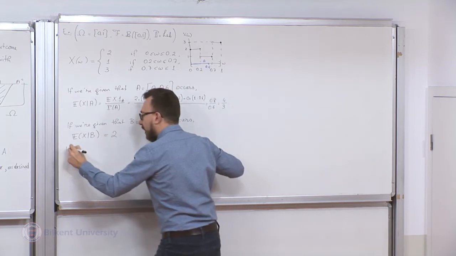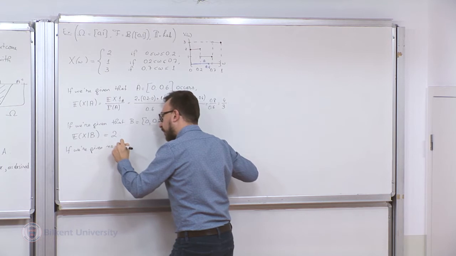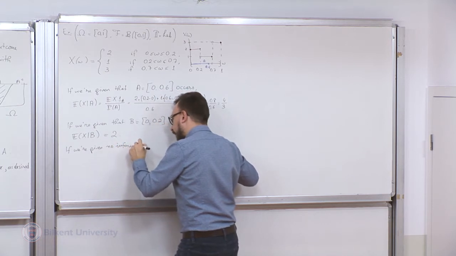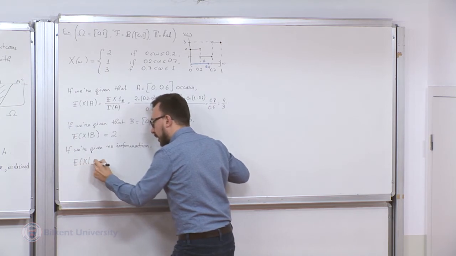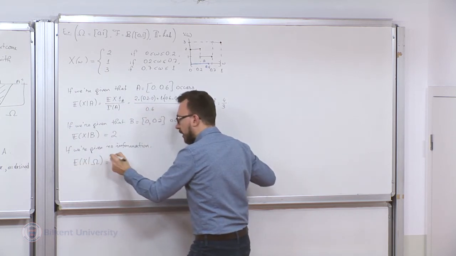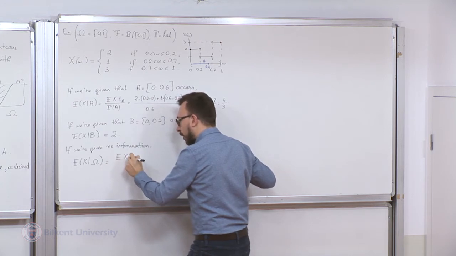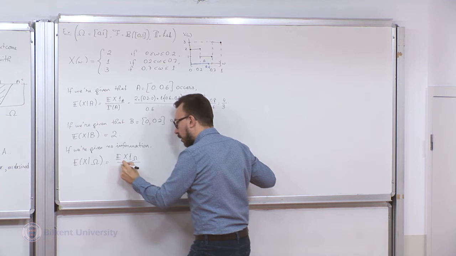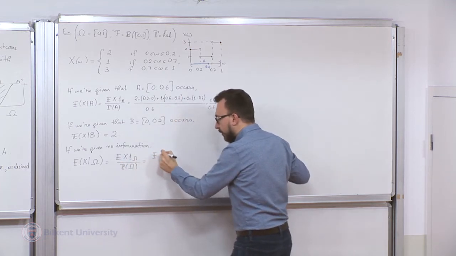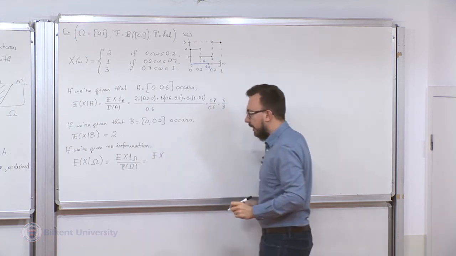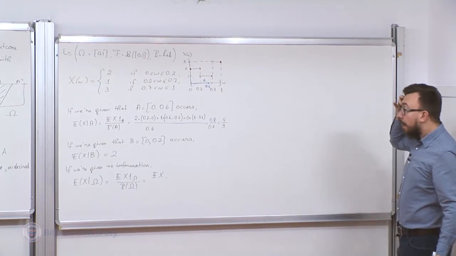So if we're given no information, then the estimate is this, and this is simply just the expected value of x, because this is just a full set, so it is always 1, and this is always 1, so we get just expected value. Okay.